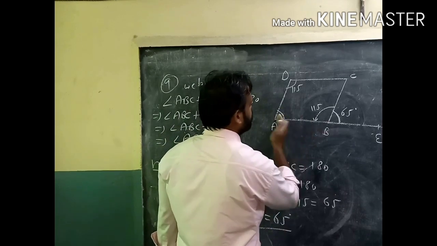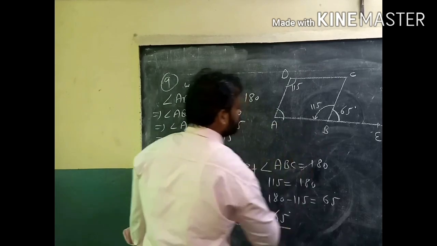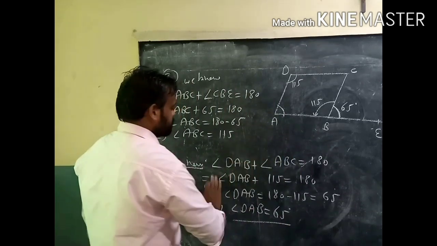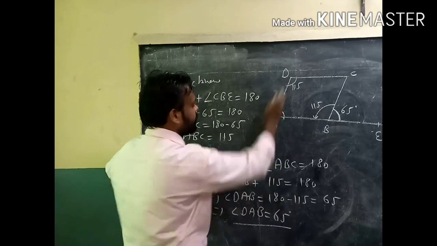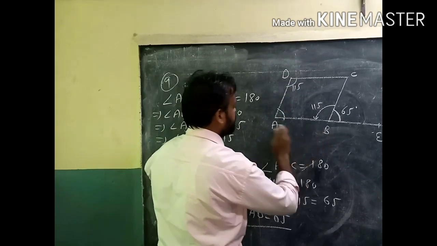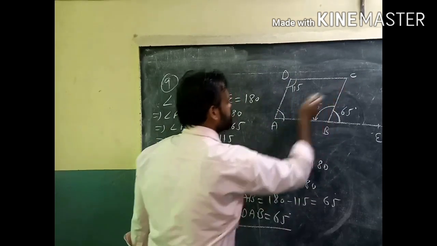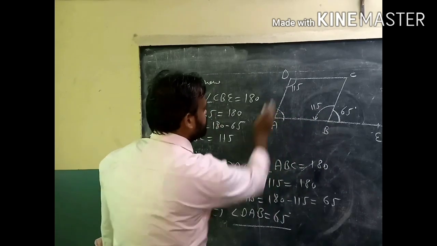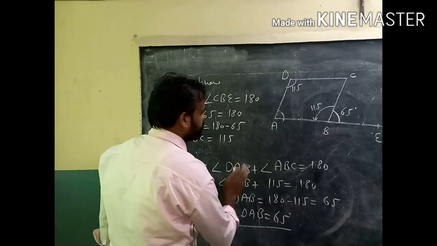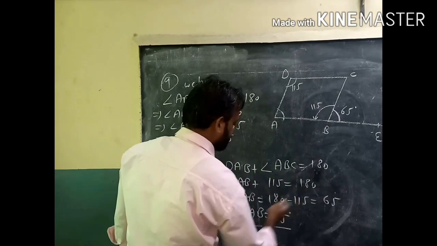How? Because we know these two angles are adjacent angles and the sum of these two angles is equal to 180. So this time we can write DAB, meaning angle A, plus angle B, meaning angle ABC. The sum of these two angles is equal to 180, and DAB we have to find out, so we write it as it is, and angle ABC is 115, equal to 180.